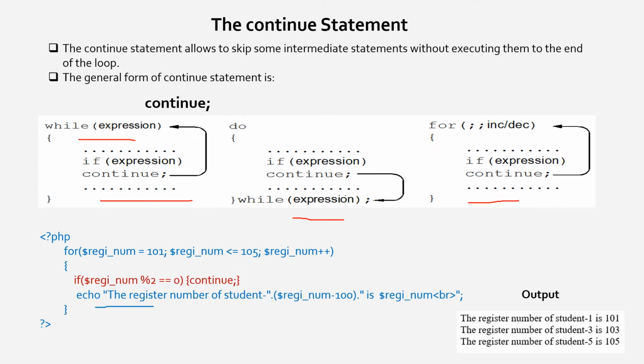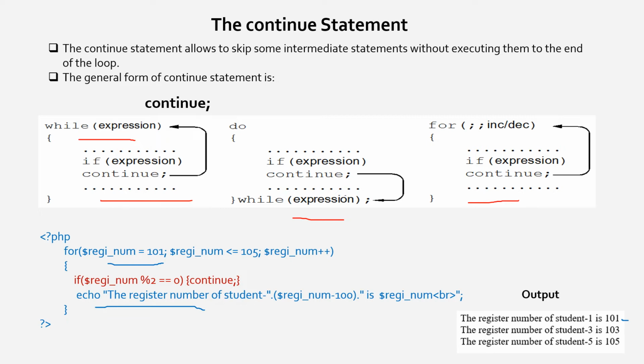Here, register number mod 2 is equal to 0. If the modulus value is 0, continue, that is, if the remainder is 0, continue. The initial case will start from 101. 101 mod 2, that is an odd number, so that is not 0, it's 1, so this will be executed and displayed.